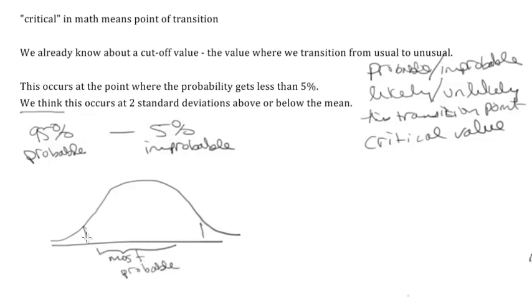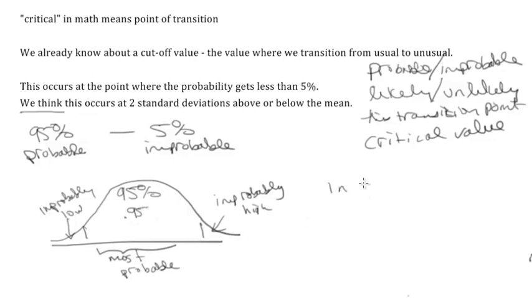So here's my improbable. This is improbably high. And these are improbably low. And in the middle, I've got 95% of all of the outcomes, 0.95.